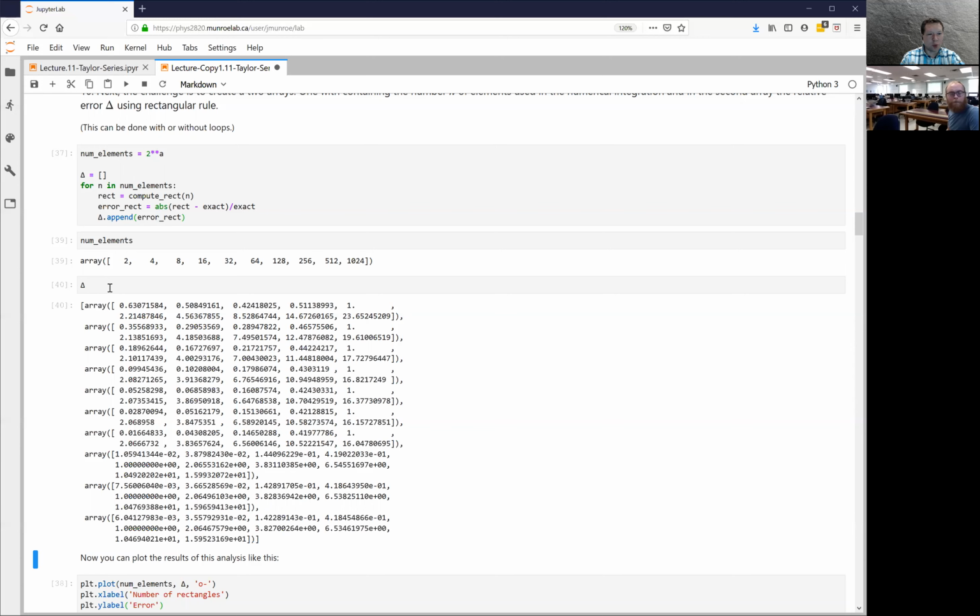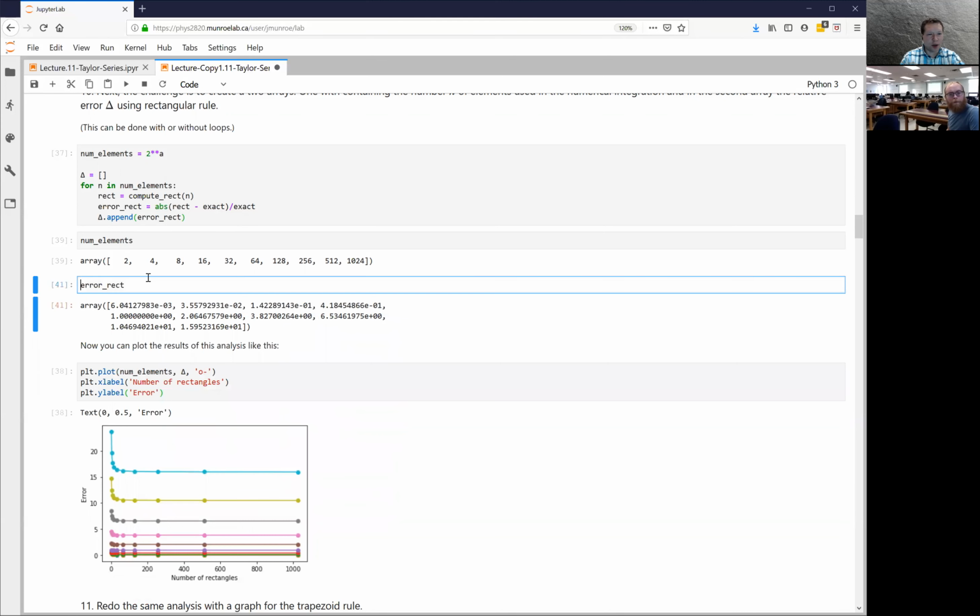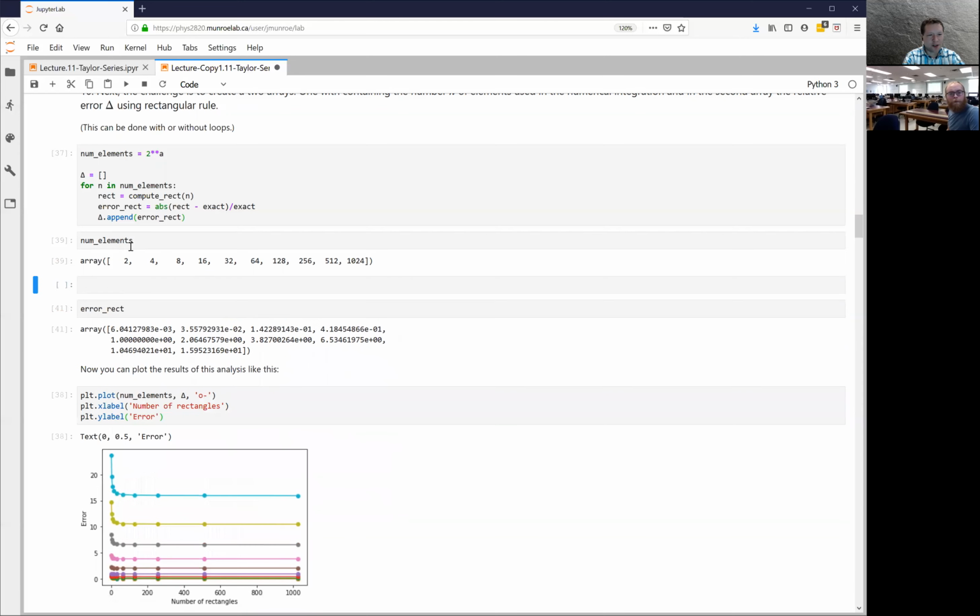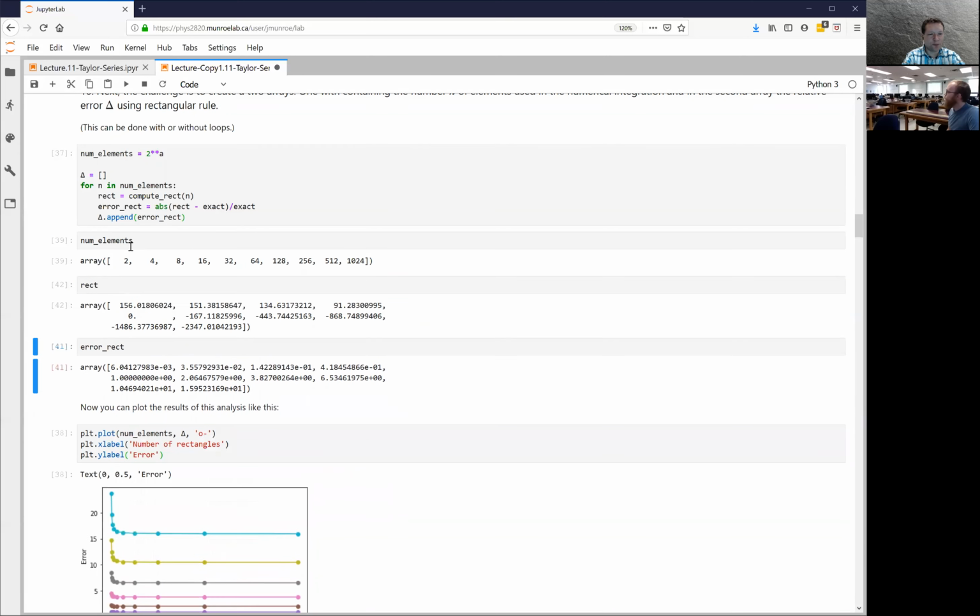That's a lot more complex than I was expecting. What does one of these error recs look like? That's not right. What does one of these recs look like? That's not right. So this code is returning an entire sequence.